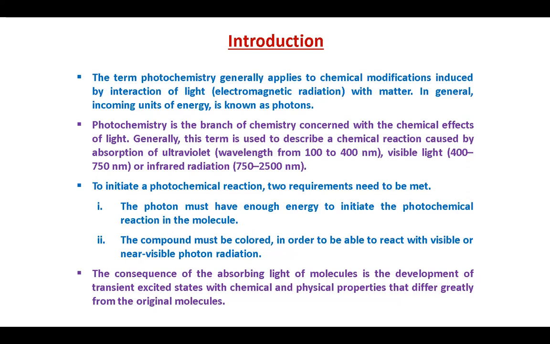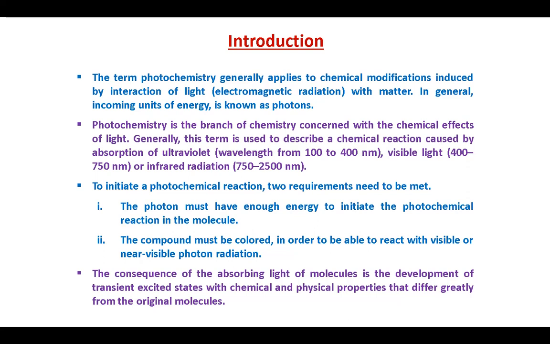It is the branch of chemistry which is concerned with the chemical effects of light. Generally, this term is used to describe a chemical reaction caused by absorption of ultraviolet wavelength from 100 to 400 nanometer, visible light 400 to 750 nanometer, or infrared radiation 750 to 2500 nanometer.